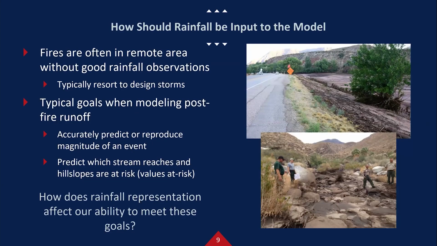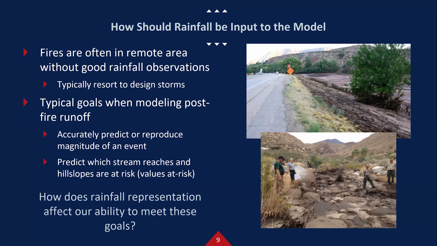Another graduate student, Gabe Sidman, investigated how rainfall should be input to the model. So again, after a fire, we often don't have a rainfall event. It may occur, of course, sometime in the future, but the BAER teams have to do their assessment in 14 days. So initially we said, let's take a design storm and put it over the whole watershed.